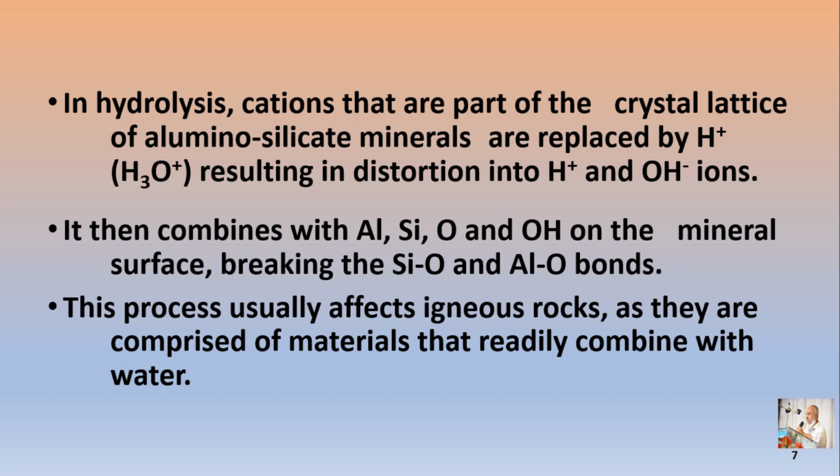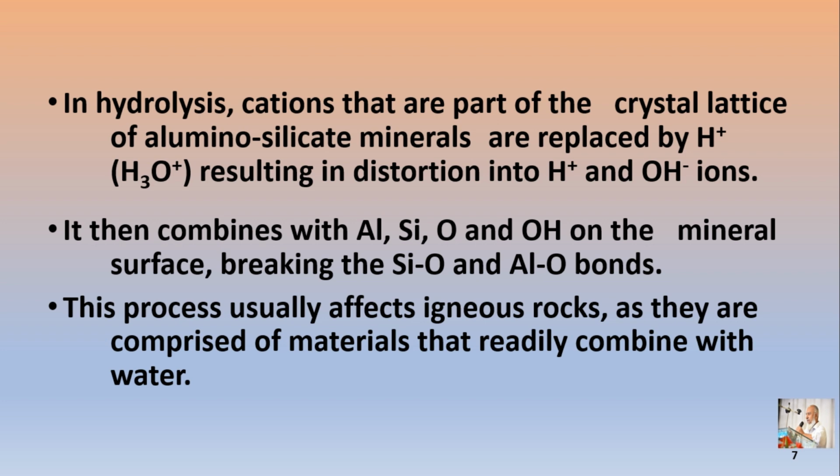In hydrolysis, cations that are part of the crystal lattice structure of aluminosilicate minerals are replaced by hydrogen ion and hydronium ion, resulting in distortion into hydrogen and OH ion.